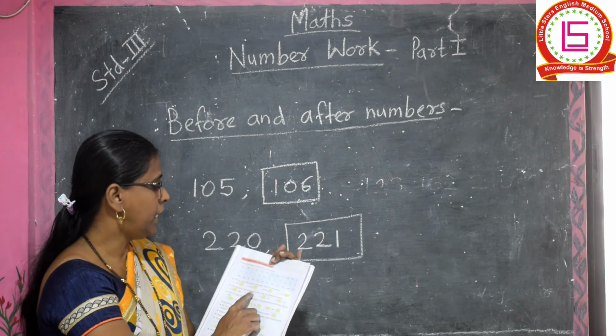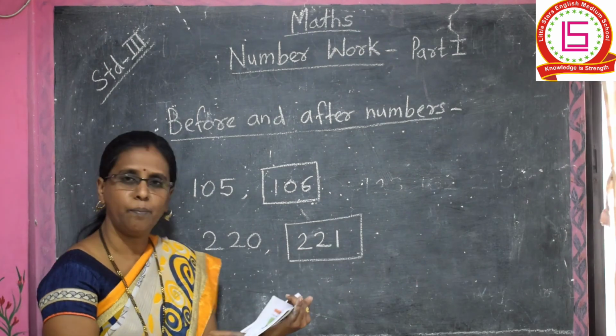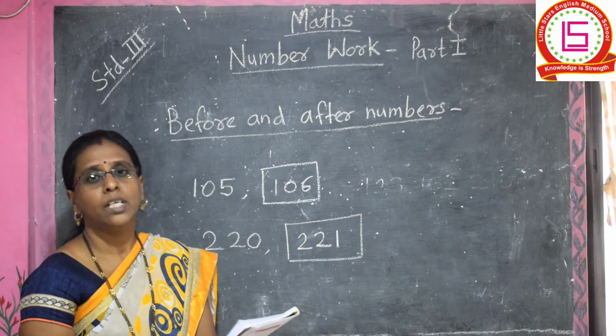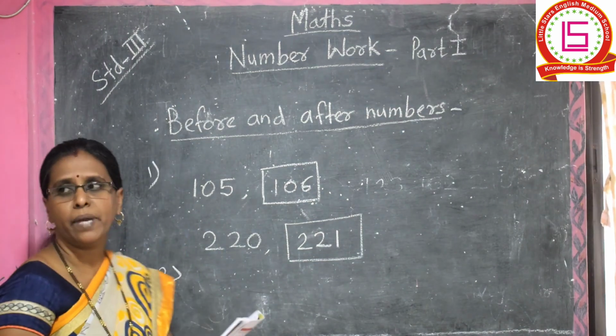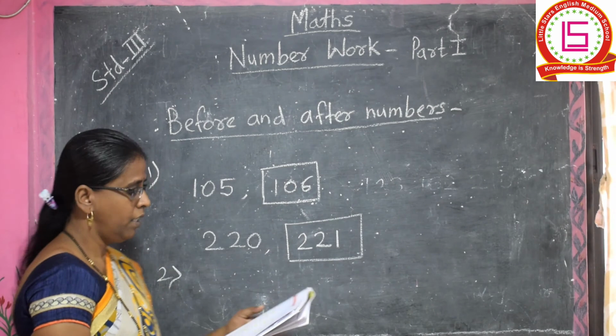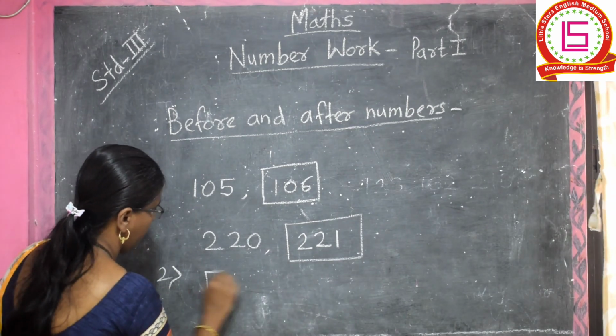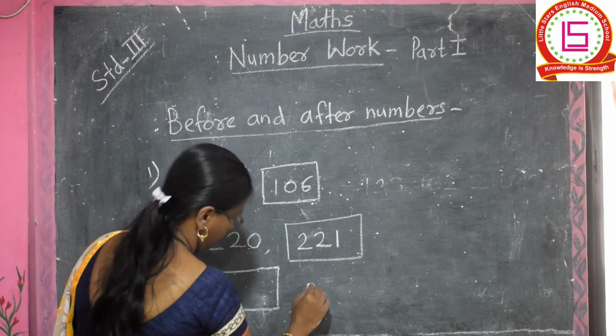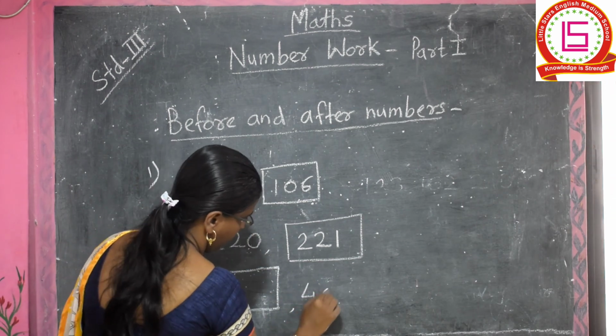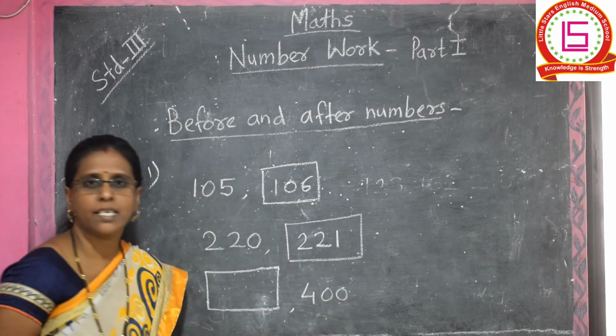Then see the next question. With the help of the number strip above, write the number just before. Just before, okay? Just before means before number. Then see here, the box for the number, then here 400 is given, okay?